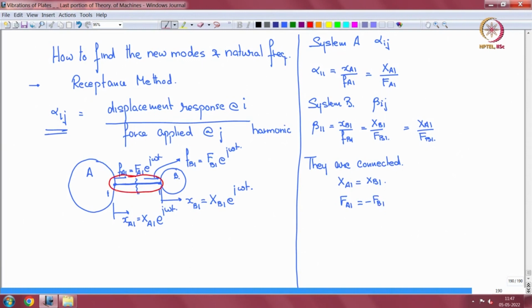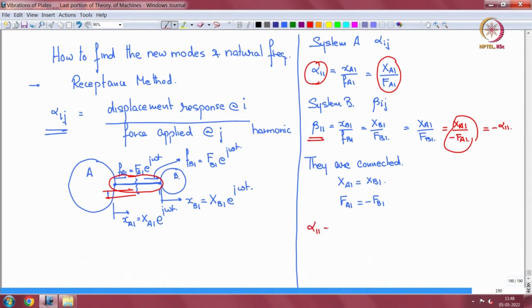Okay, as A forces B, B will force A back. So these are internal forces. So Fa1 is equal to minus Fb1. Xa1 by Fa1 is alpha 11, and Xb1 by minus Fa1 is minus alpha 11, but that is beta 11, right, which means what?